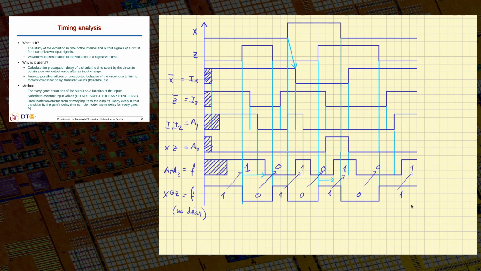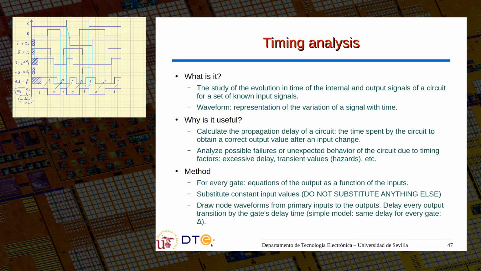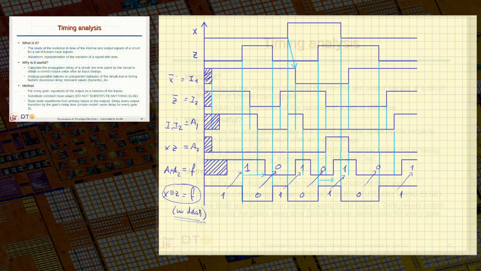Okay, so this is also timing analysis with no delays, but it's of very little interest. To do this kind of analysis, we don't need to obtain the values for the intermediate signals. We can just go to the final expression, okay? But doing a timing analysis without considering the delay is not very useful indeed, because we don't get information about how long it will take.